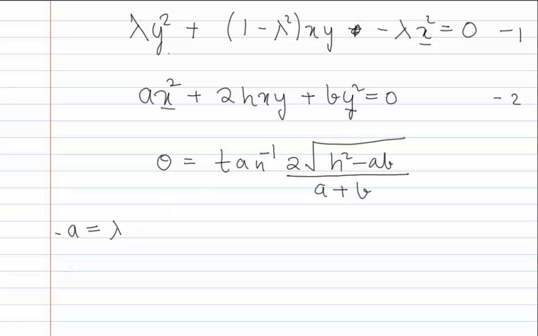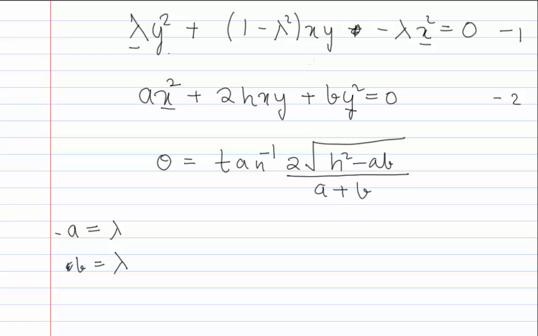In the second equation we have y square coefficient equal to b. Let's see what that is equal to in the first equation. Well, it's equal to lambda. Okay, now this is interesting. What that means is that a is equal to minus lambda and b is equal to lambda. Basically that means b is equal to minus a, because it has to be the case.